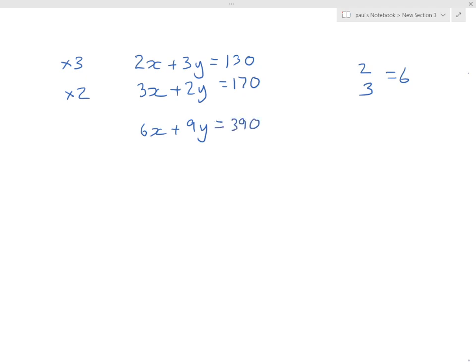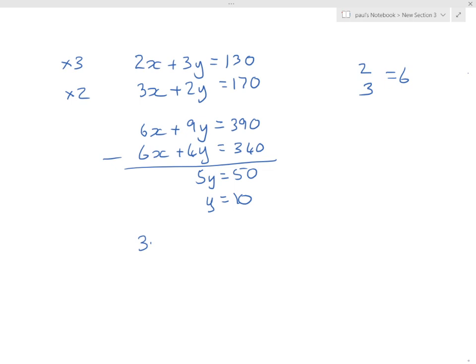Now multiply by 2, we get 6x plus 4y equals 340. Now subtract, we get 5y equals 50. So therefore y will equal 50 divided by 5, which is 10.